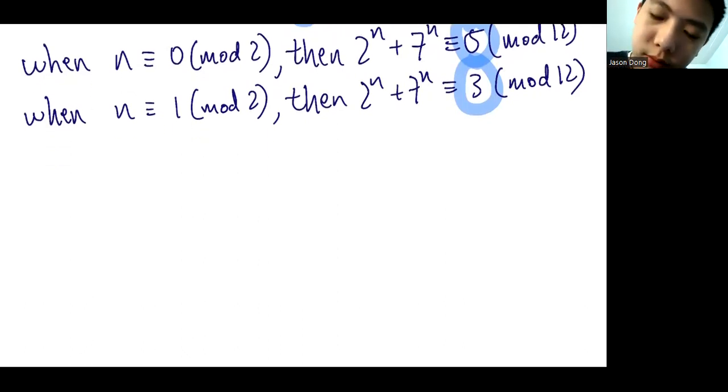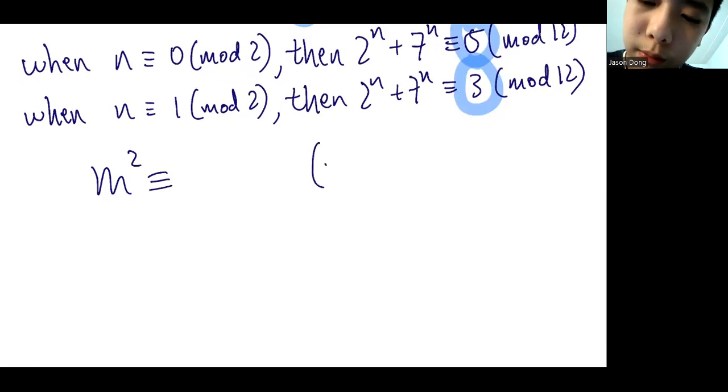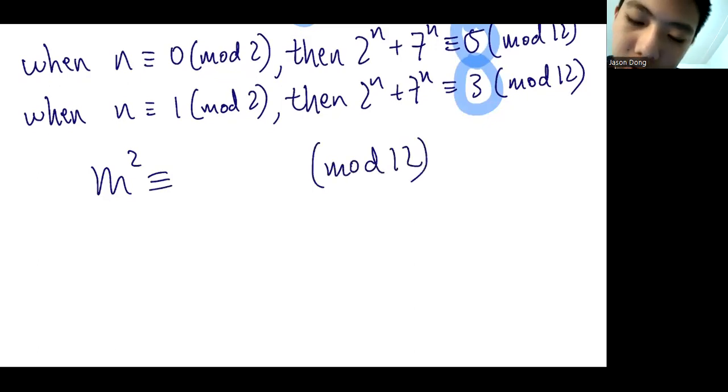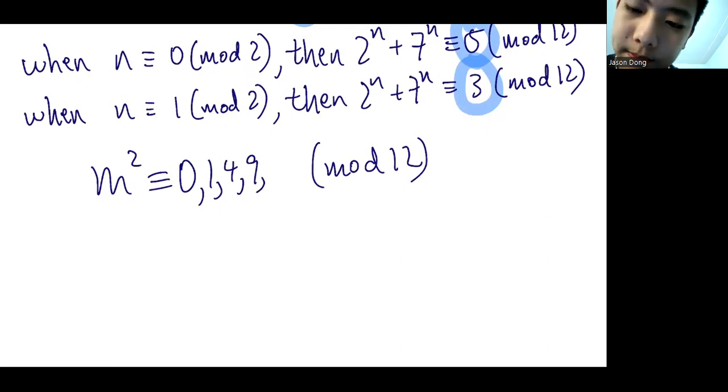So what are properties of square numbers? Well, we can say like m squared. What is m squared mod 12? What are the possibilities? So clearly 0 is a possibility, 1 is a possibility, 4, 9. So 16 mod 12 is 4. 25 mod 12 is what?